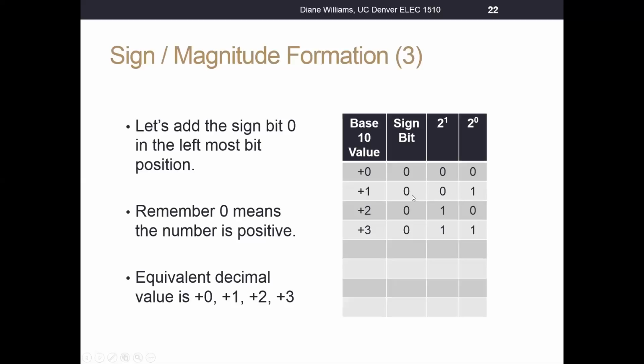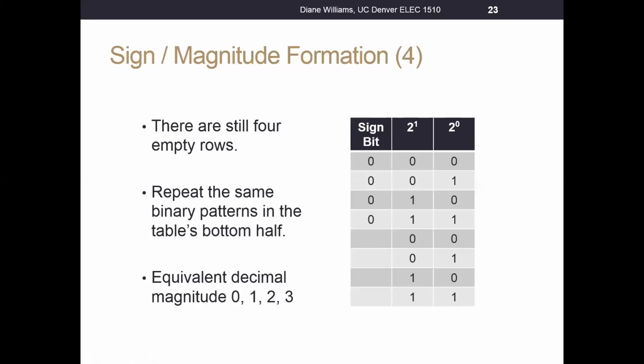The sign bit means this is positive, so this is positive 1. Same way here, we look at the magnitude of these 2 bits, 1 0. We say that's 2. We look at the sign and say this represents plus 2. And finally, here, we know this represents 3. Look at the sign, and we say this is plus 3. So this is the equivalent base 10 representation when we use sign magnitude form.